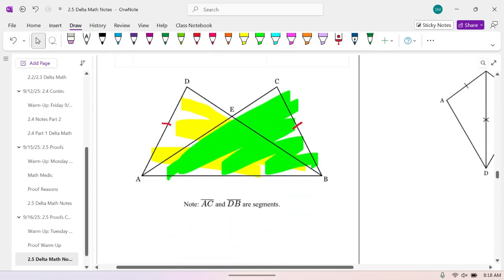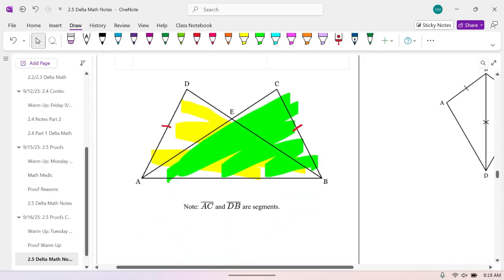All right. Now, where else do you think I can go? So that's the main CPCTC that I would mark. What else do you think I could mark? Right.